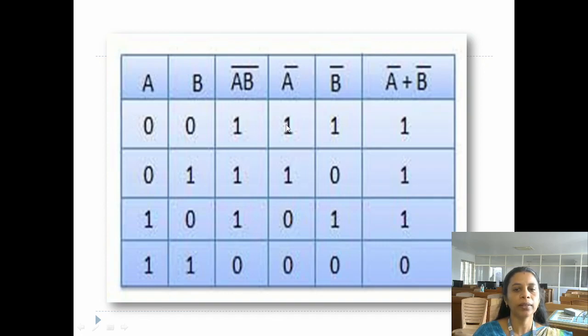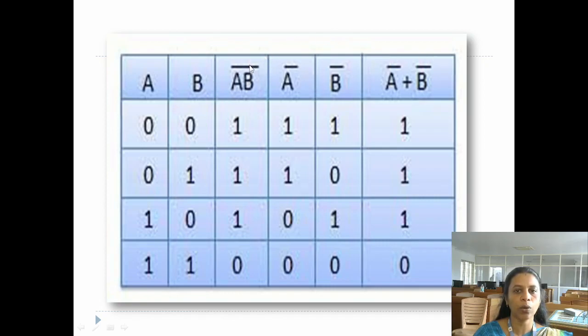Performing the inversion of a gives a bar, which is 1 1 0 0, and b bar is 1 0 1 0. Taking the logic OR operation of a bar and b bar, you get 1 1 1 0. Now comparing the third column and the sixth column, De Morgan's theorem is proved.